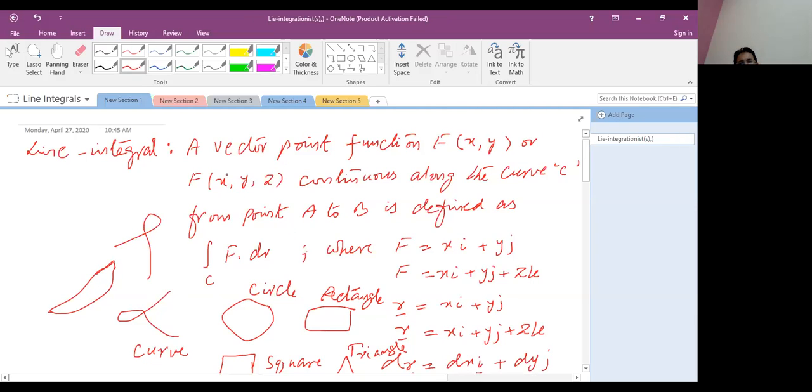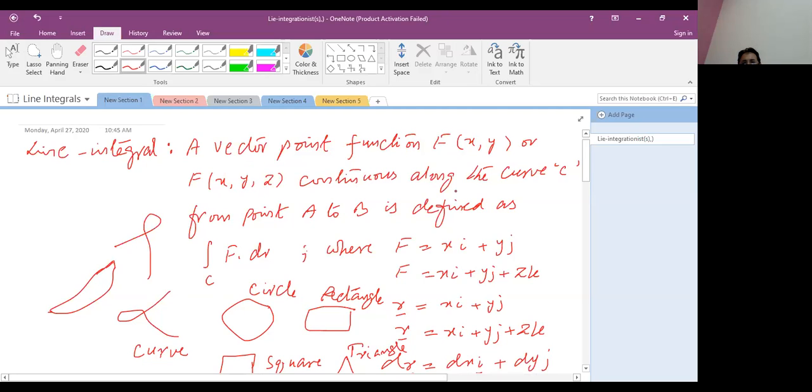So, what is the definition of line integral? Let f of x y or f of x y z be a vector point function, in 2 dimension or in 3 dimension.